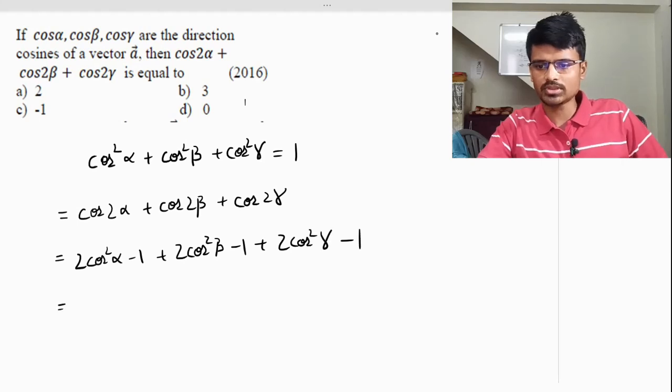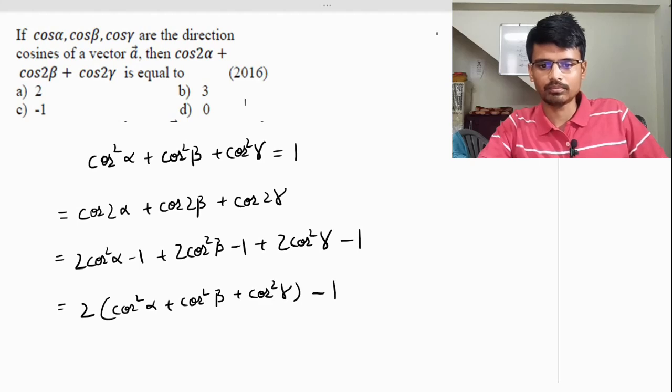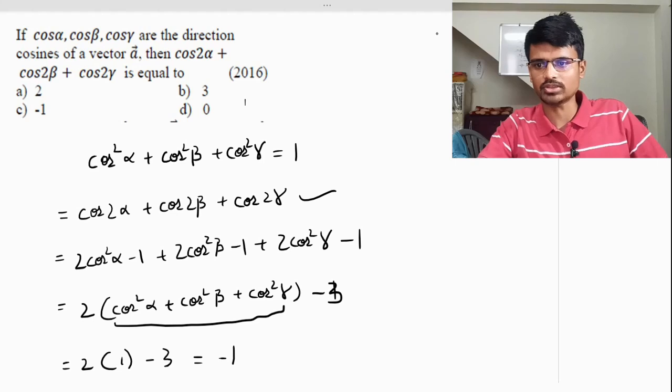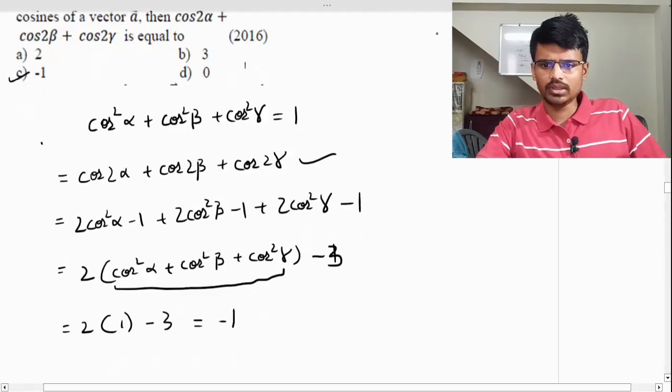So this comes out to be 2 times cos square alpha plus cos square beta plus cos square gamma, minus 1, minus 3, sorry. So this expression is equal to 1. I think everyone knows that, everyone agrees on that. So this is equal to minus 1. So the value of this expression is equal to minus 1. So option C is my correct answer. Let's move on to the next question.